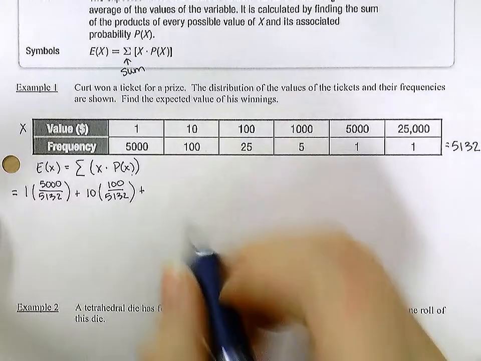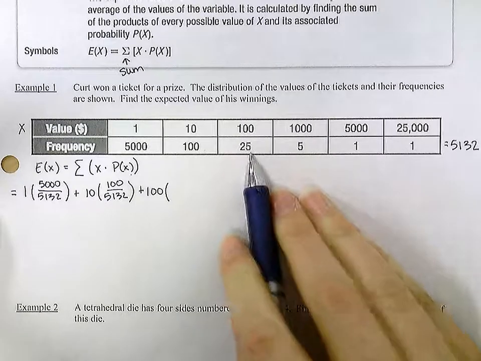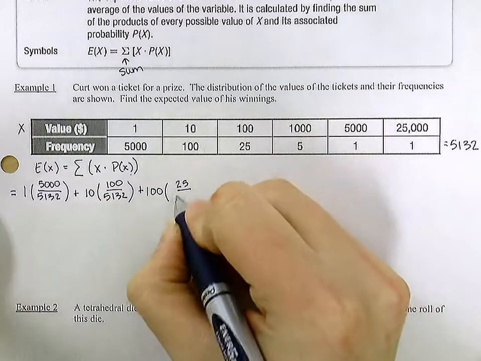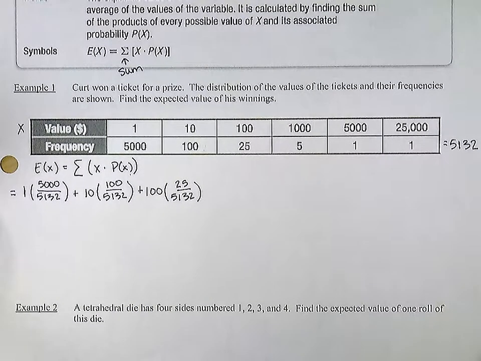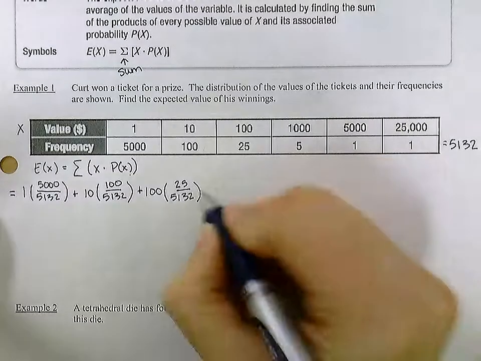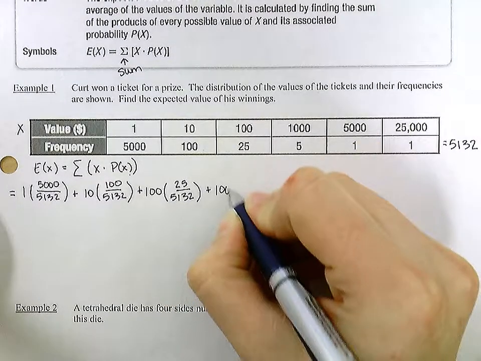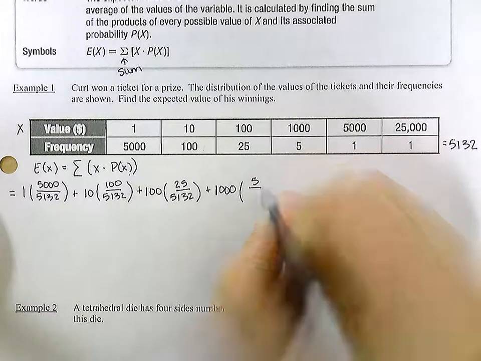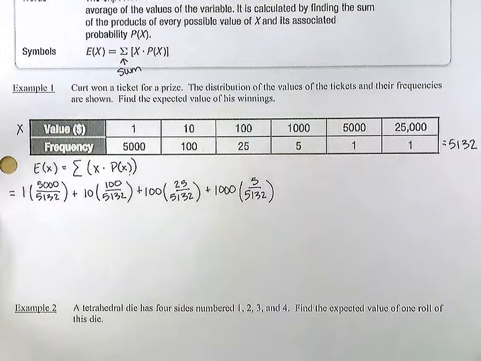So our next x value is 100 times its frequency, 25, over the total frequency, 5,132. Next value is 1,000 times that probability, 5 over 5,132.